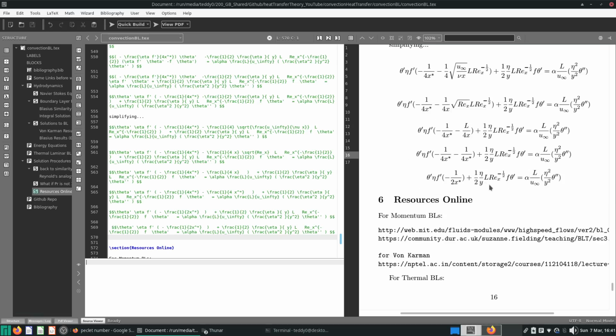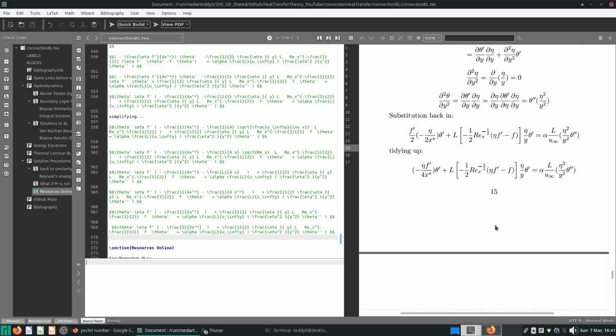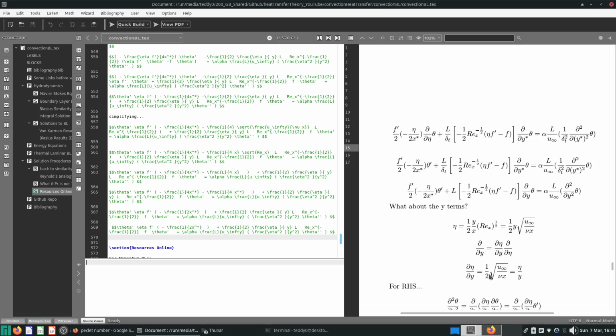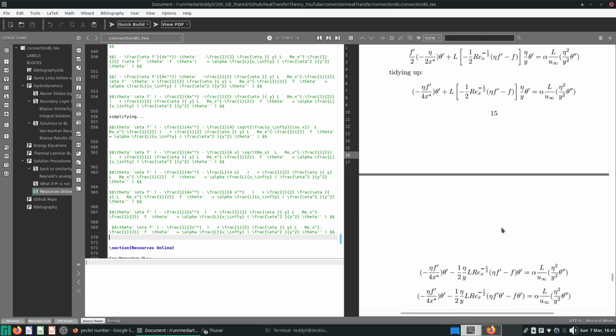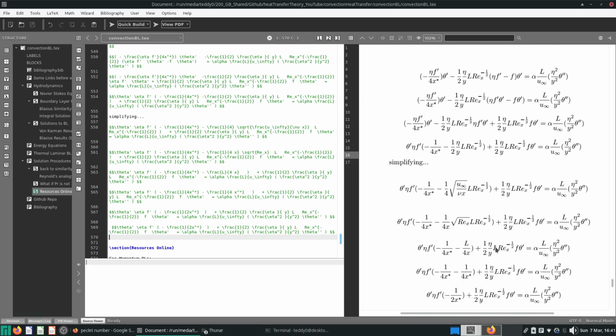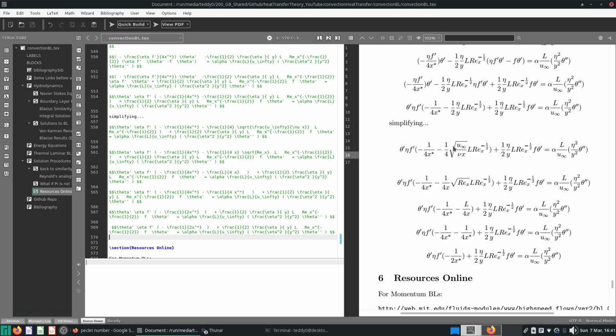What is eta over y? Eta over y is this. Again we'll use the same substitution. So it's half square root of whatever that thing is.